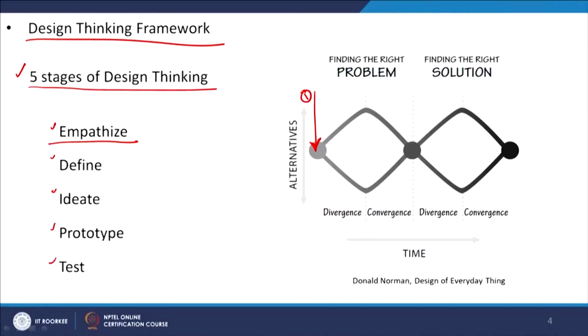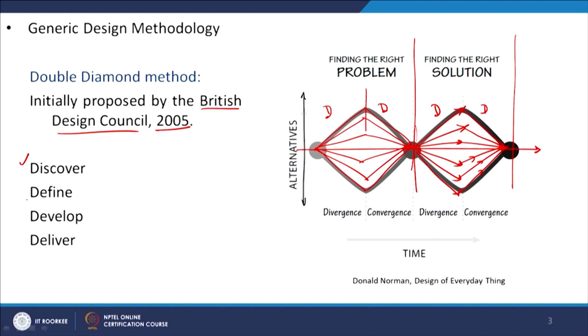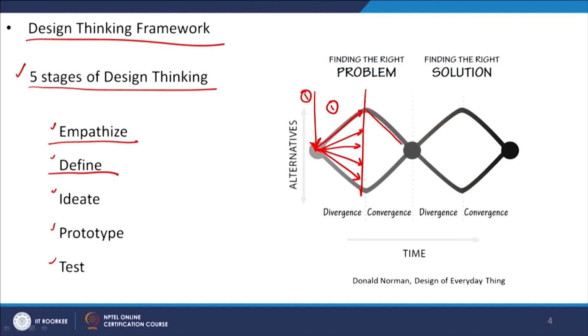Then they start defining. When they empathize, they start finding different problems that users are facing, and then they try to define the problem, which was also there in the double diamond method, this define stage, or defining the problem and achieving the need statement.